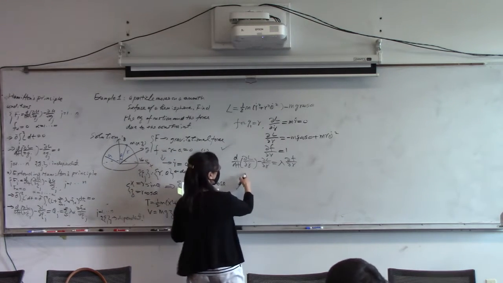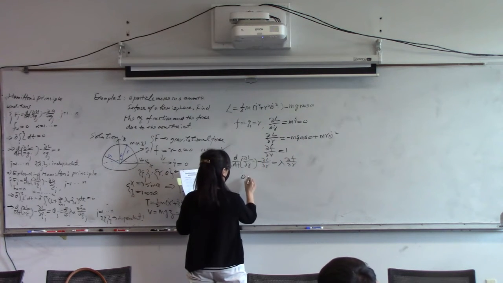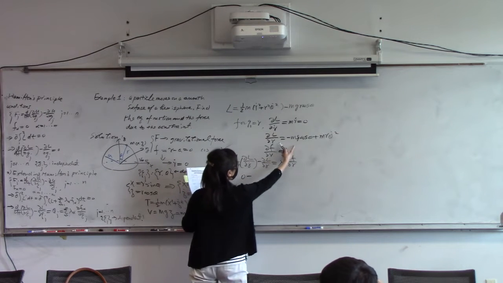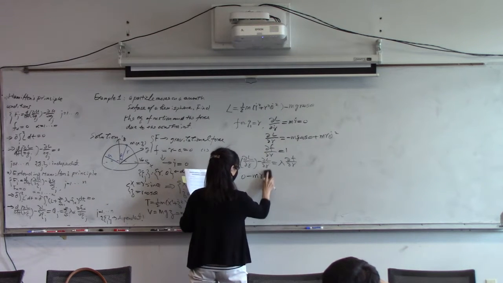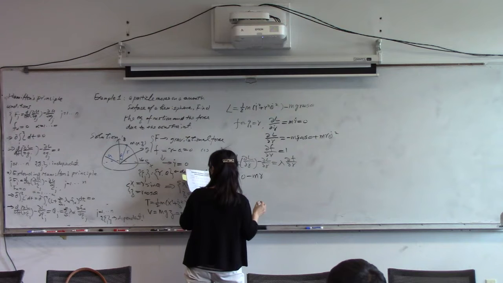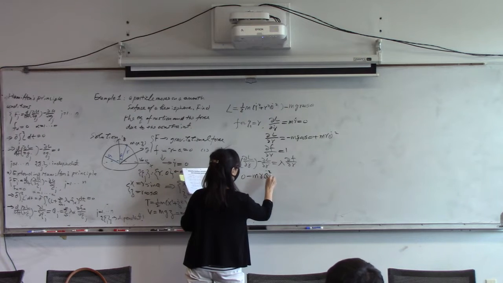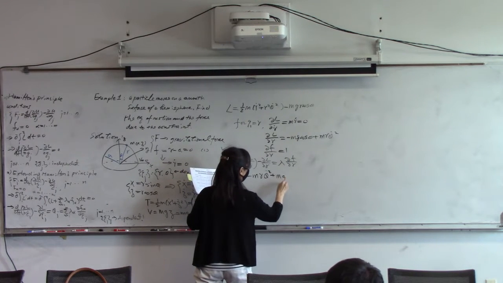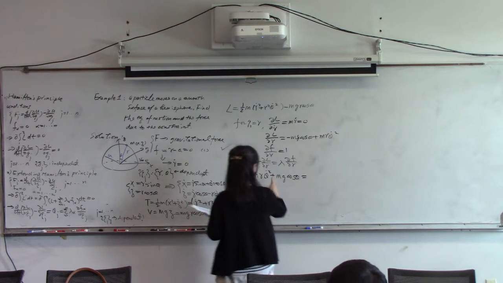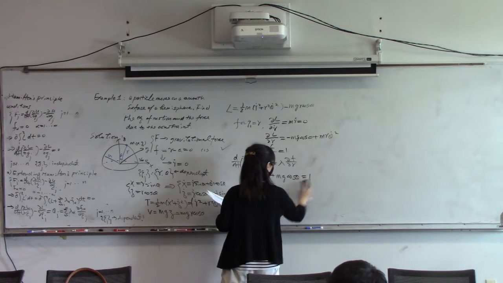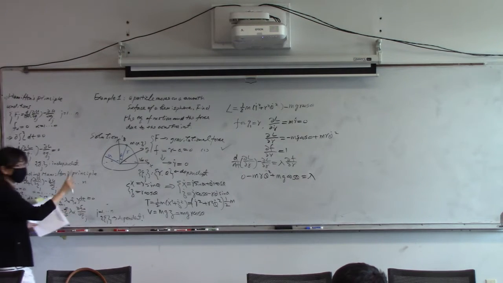Okay, so now I'm going to sum it. So this one is 0. So partial R and minus here, this one minus m R theta dot square, plus mg cosine theta, equal to lambda, because here lambda is multiplied by partial f, partial R, and partial f, partial R is 1.